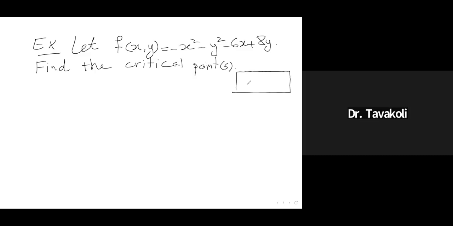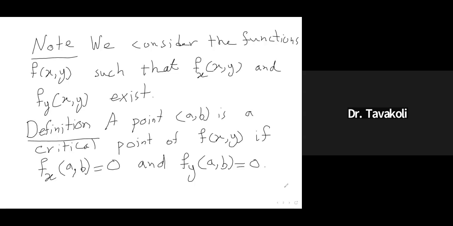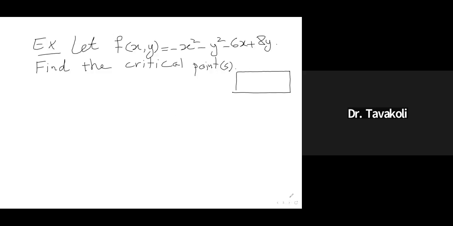So look at the definition. Something is a critical point if it makes the first derivative with respect to x and with respect to y equal to 0. So what I am going to do is find the first derivative with respect to x. I differentiate with respect to x and look at y as a constant, so I will have minus 2x minus 6.